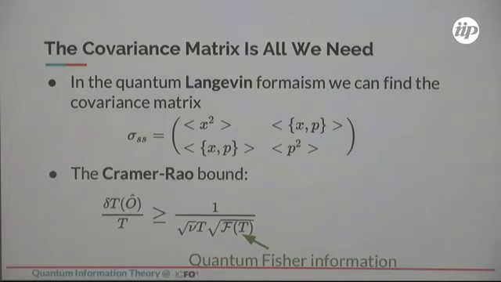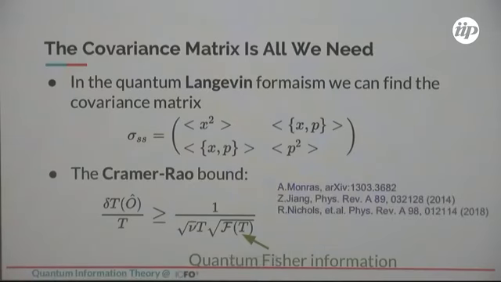The answer is yes. There are a lot of works that have already done this for the Gaussian formalism. Probably the first one is by Alex Monras, and then by Jiang. And then recently, Rosanna Nichols and the group of Gerardo Adesso have extended this to multi-parameter estimation in the Gaussian formalism.